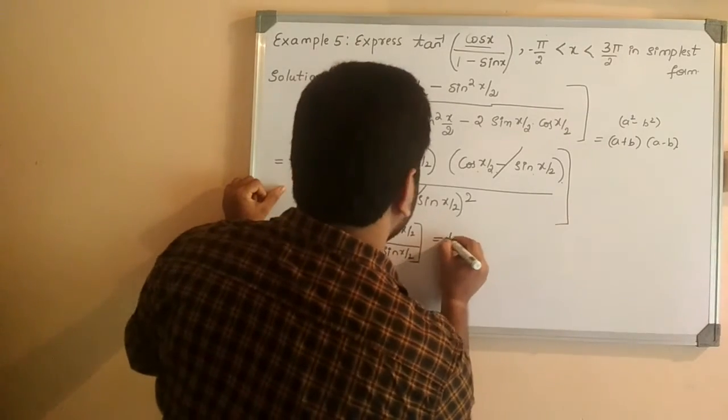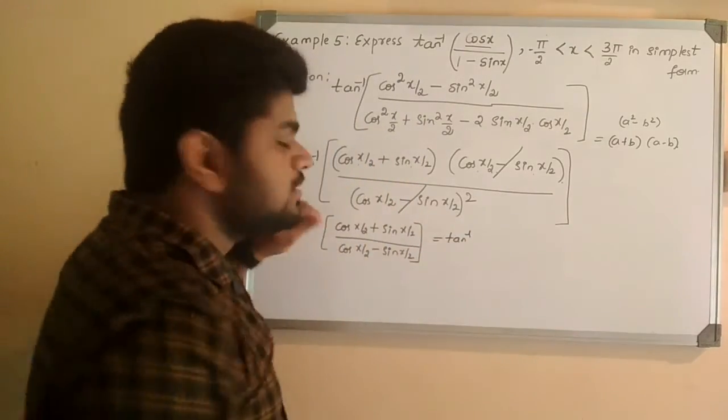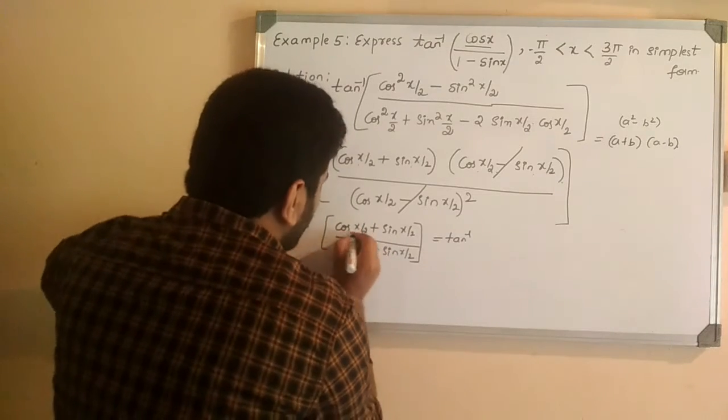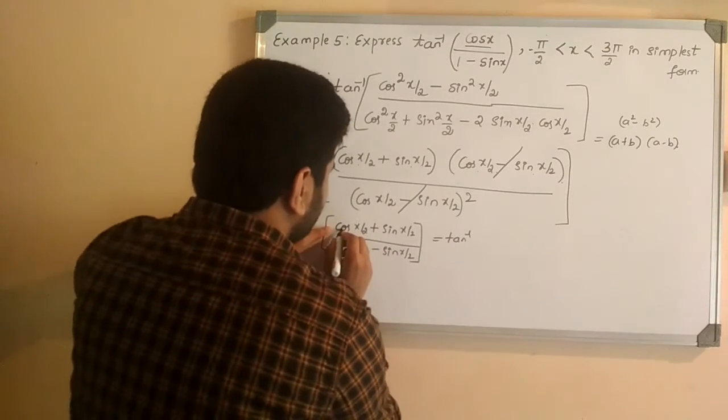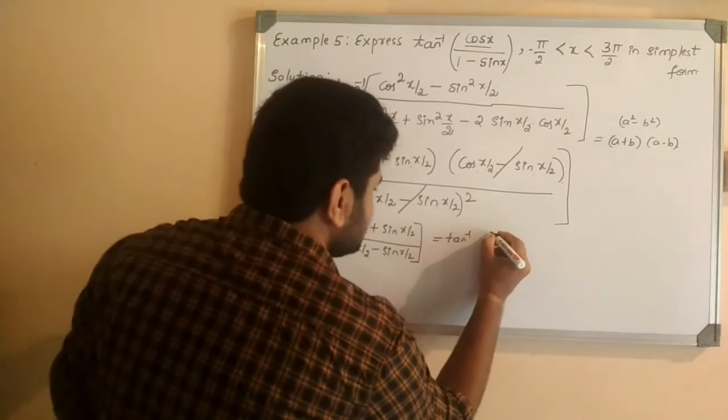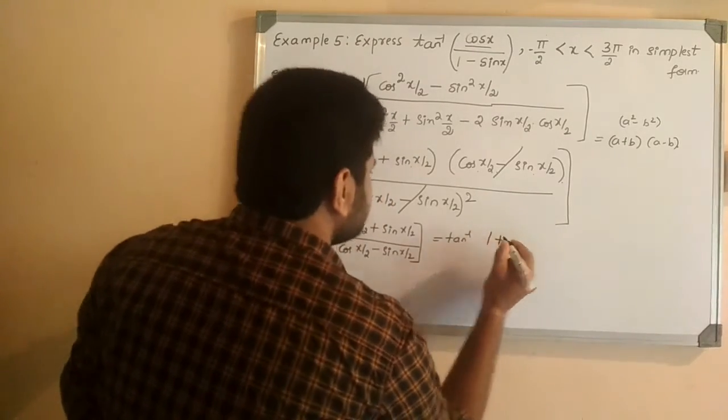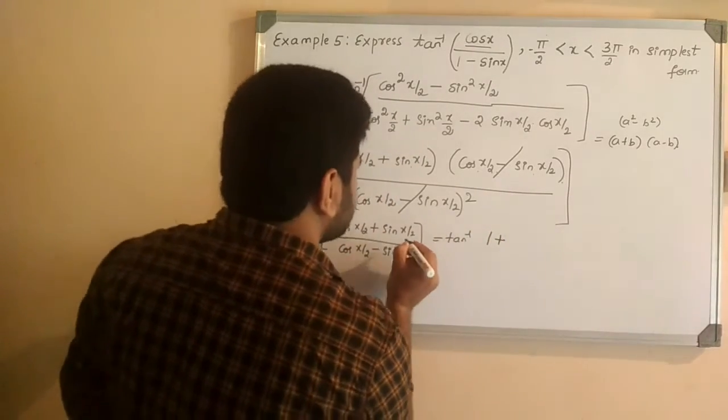So here we are dividing whole throughout by cos x by 2. So cos x by 2 by cos x by 2 is 1 plus sin x by 2 by cos x by 2.